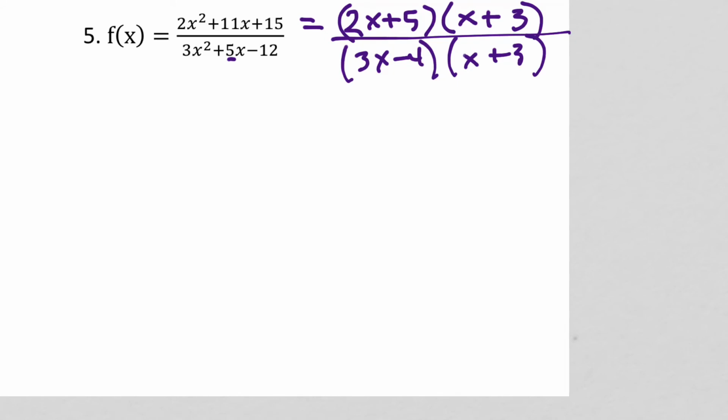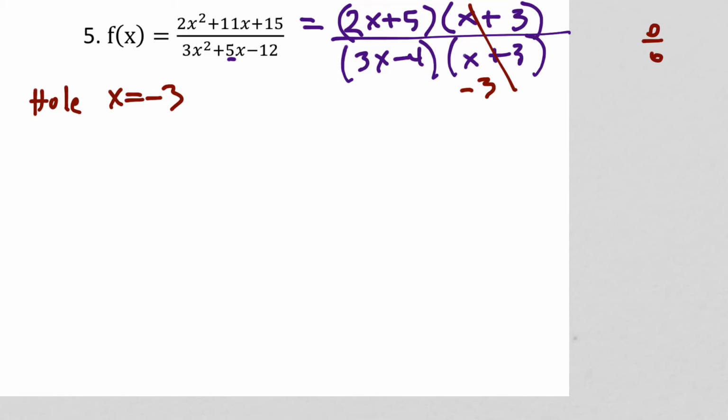So it looks like we have a hole here. Those are the same factor. So we're going to have a hole when x is equal to negative 3. Negative 3 is going to cause a 0 over 0 situation for f of x. All right, so I'm going to say I have a hole at x is equal to negative 3.